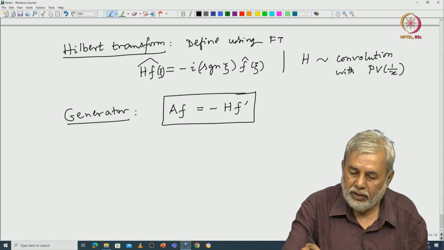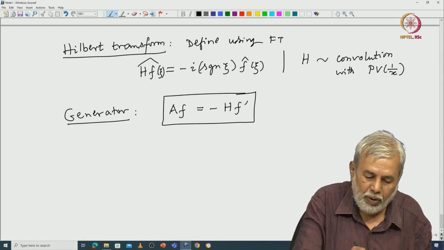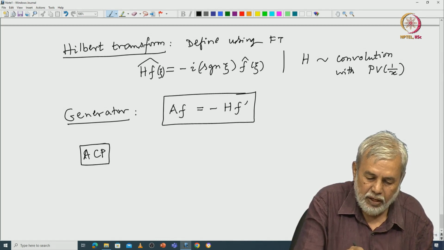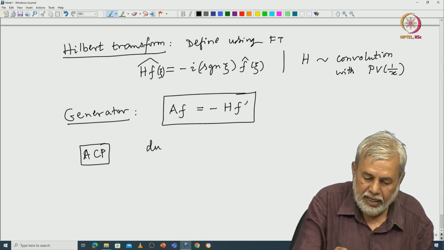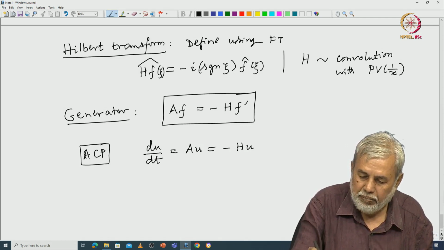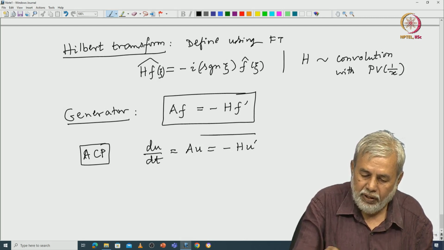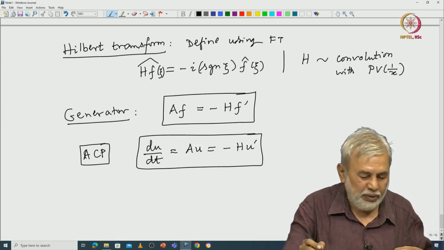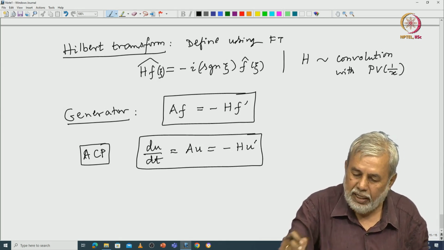So, if you write this abstract Cauchy problem with this generator A, du by dt is equal to Au, and now you see this A is in some sense second order, but in a singular way.